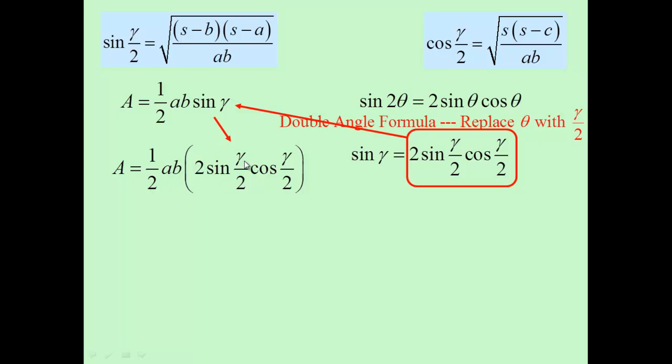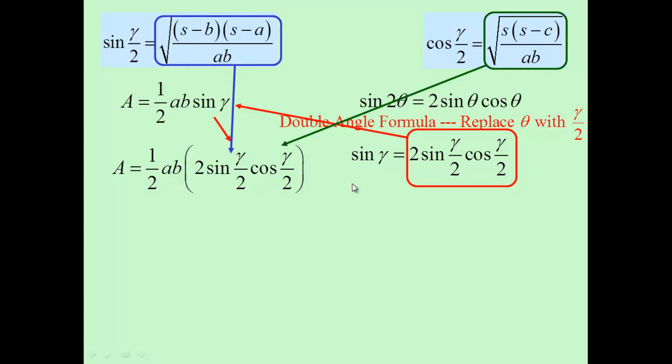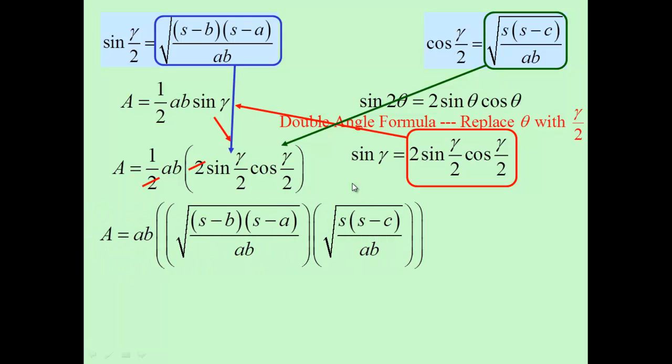The sine of gamma is what I have here up at the top of the screen on the left. The cosine of gamma over 2 is up here at the top of the screen on the right. So I'm going to replace those, which gives me this. Multiplying this out in the numerator gives me an a squared b squared on the bottom of my fraction.